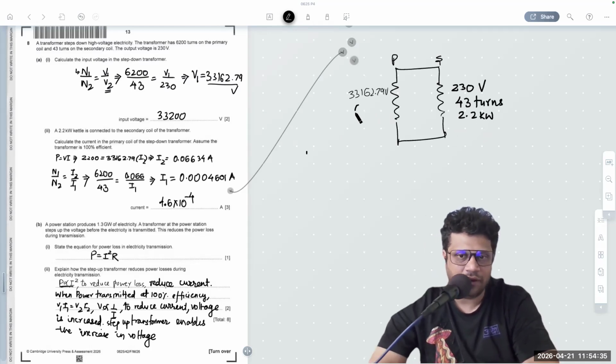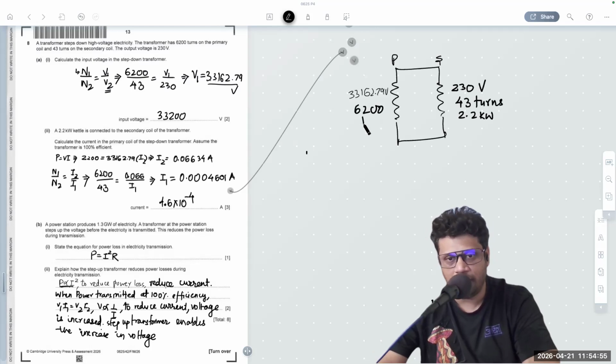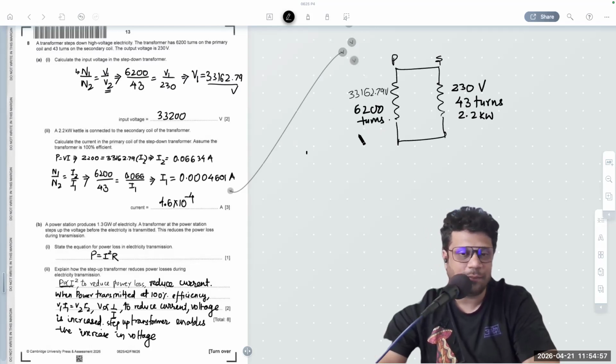And we have about 6,200 turns here. Nothing besides that. And we are supposed to calculate the current in the primary coil.